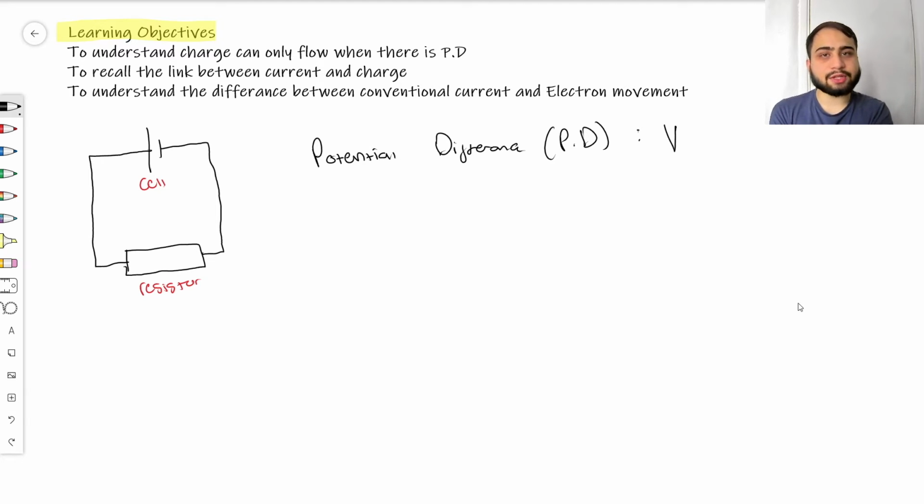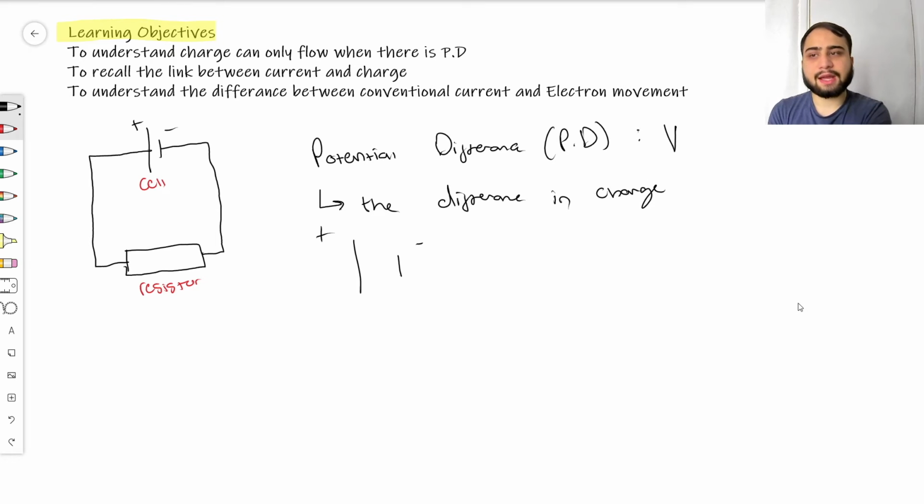Now, potential difference just talks about the difference in charge. Now, if we take a look at our cell plates here, the long line, as I told you before, is the positive plate, and the short line is the negative plate. But why is that? If I zoom in to the positive and negative plates here, the negative plate is actually covered with electrons.